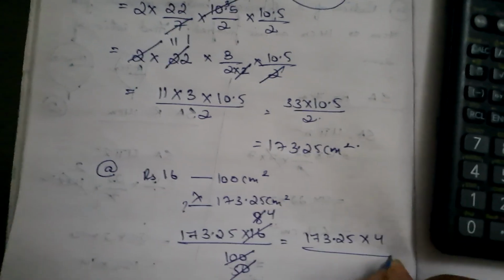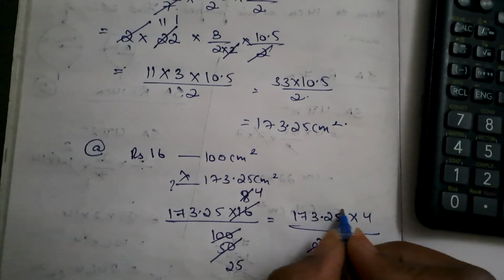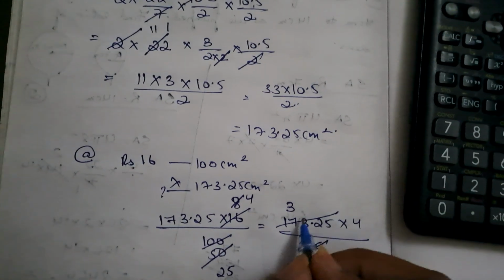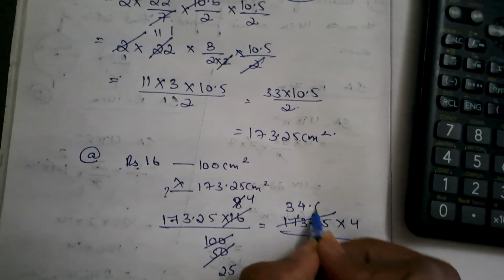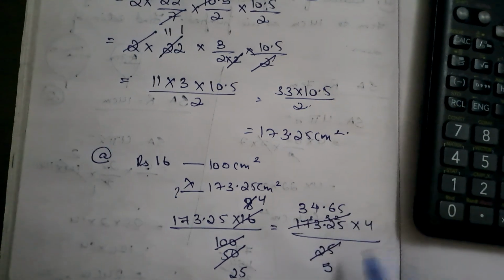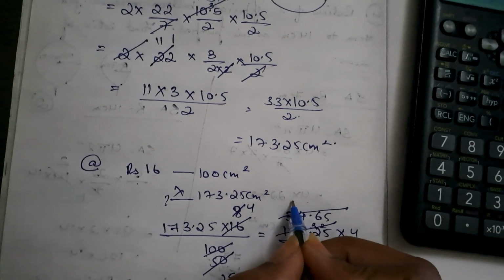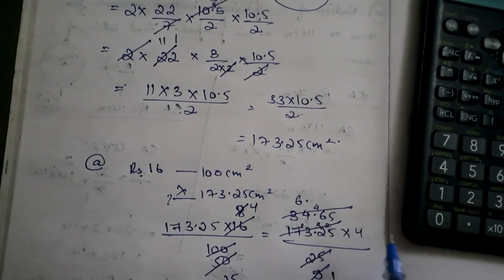I'm rewriting it so it becomes easy for you. Now I'm going to use the 5 table. 5 5s are 25, 5 3s are 15 it goes, and then 2 would be left, 5 4s are 20, then 3, then I'm going to put point 6, and then 2 5 times it goes, then 5 6s are 30 it goes, then 4 is left here, I'll put a decimal here.